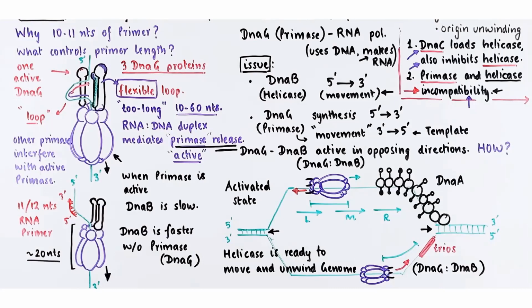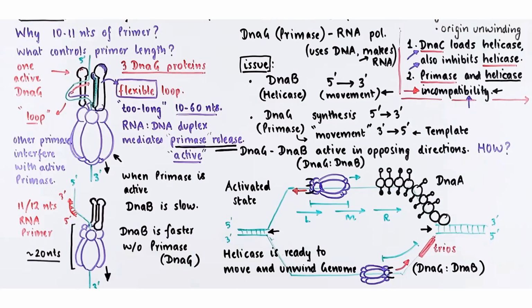This is not surprising to imagine because of the intermediate single-stranded loop that appears between primase and helicase. This also shows that primase and helicase are indeed a bit incompatible when it comes to the optimal speed of the helicase movement.